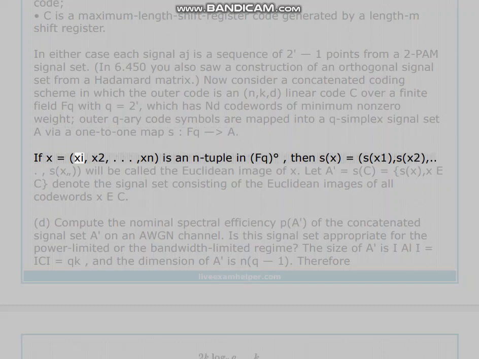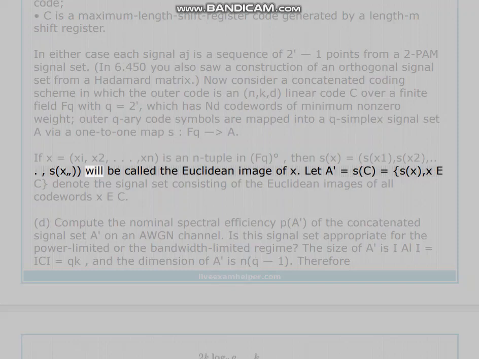If x = (x1, x2, ..., xn) is an n-tuple in F_q^n, then S(x) = (S(x1), S(x2), ..., S(xn)) will be called the Euclidean image of x.